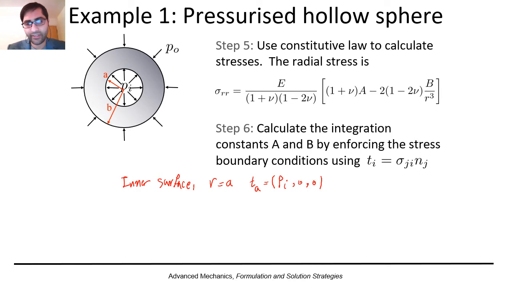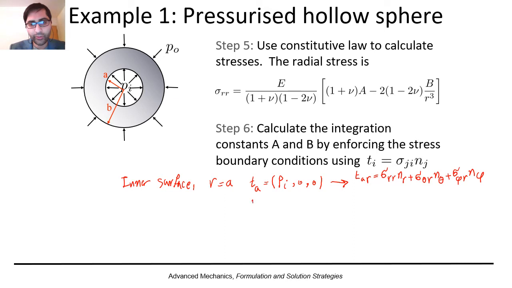Writing the relation between traction and stress, we get T_r at a is equal to sigma rr n_r plus sigma theta r n_theta plus sigma phi r n_phi.